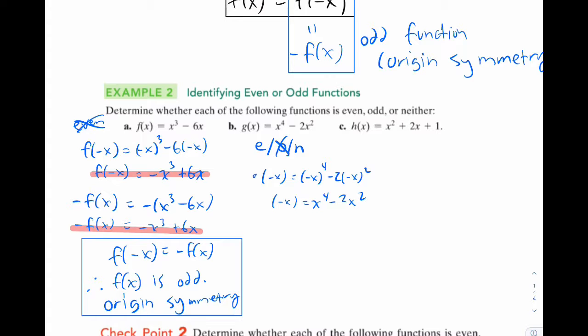This is a g, so we'll put a g right there. We're going to write g of x is equal to g of negative x. Therefore, g of x is even. And this is going to have y-axis symmetry.